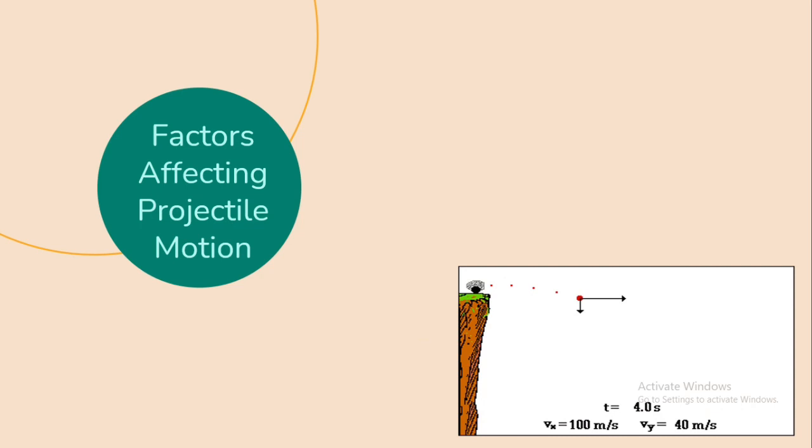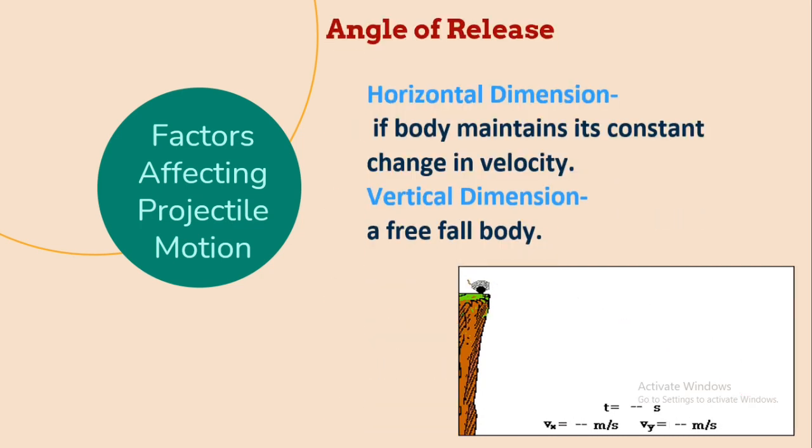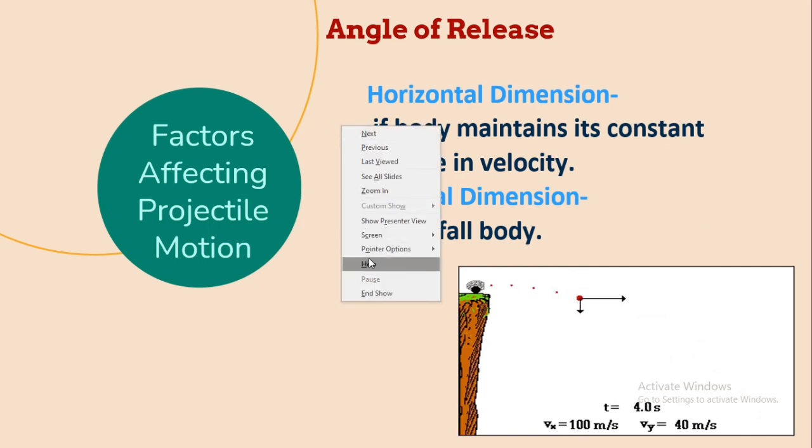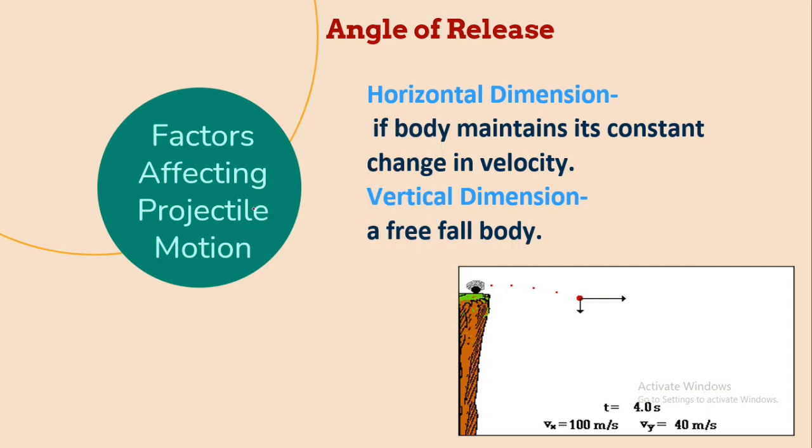In projectile motion, there are some factors affecting it. First, the angle of release. In the angle of release, we have two dimensions. We have the horizontal dimension, where the body moves with constant velocity.